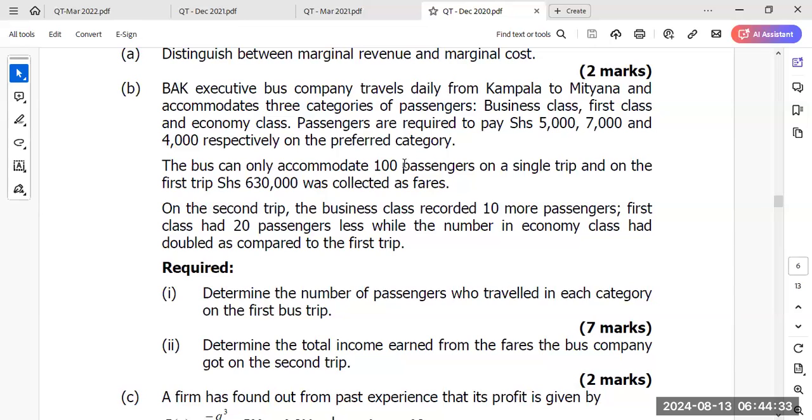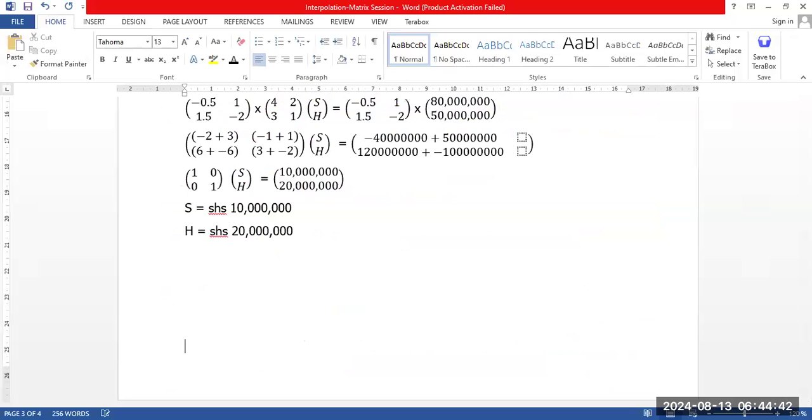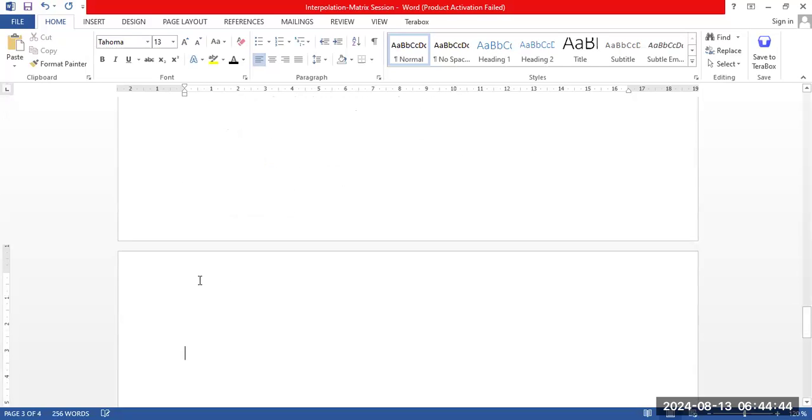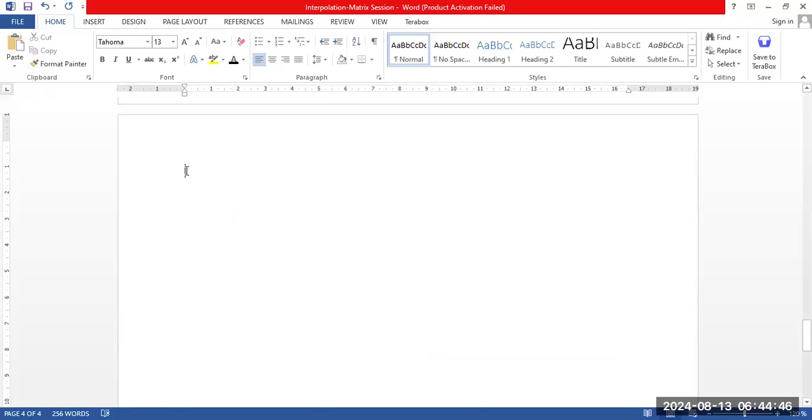So here we have the first equation, but we will need first to define. We can say B, the number of passengers.